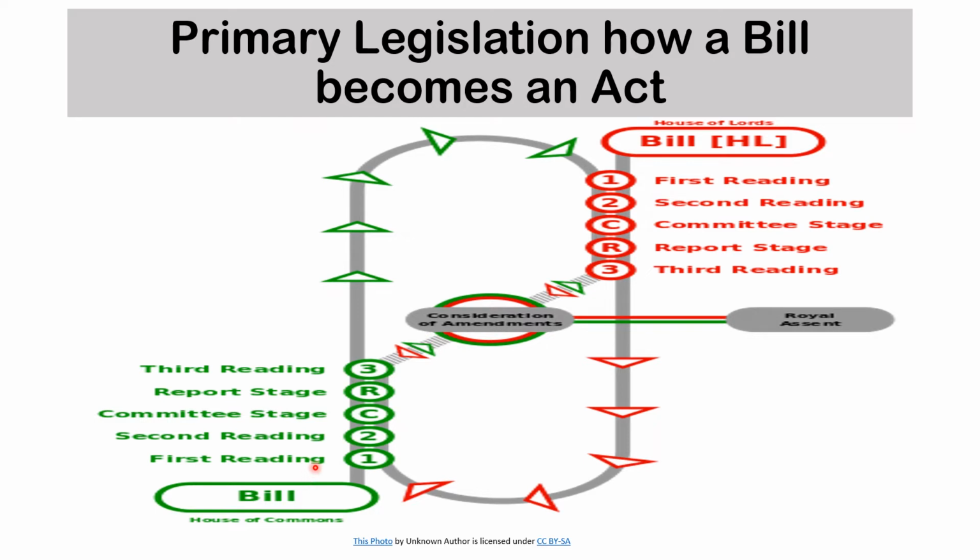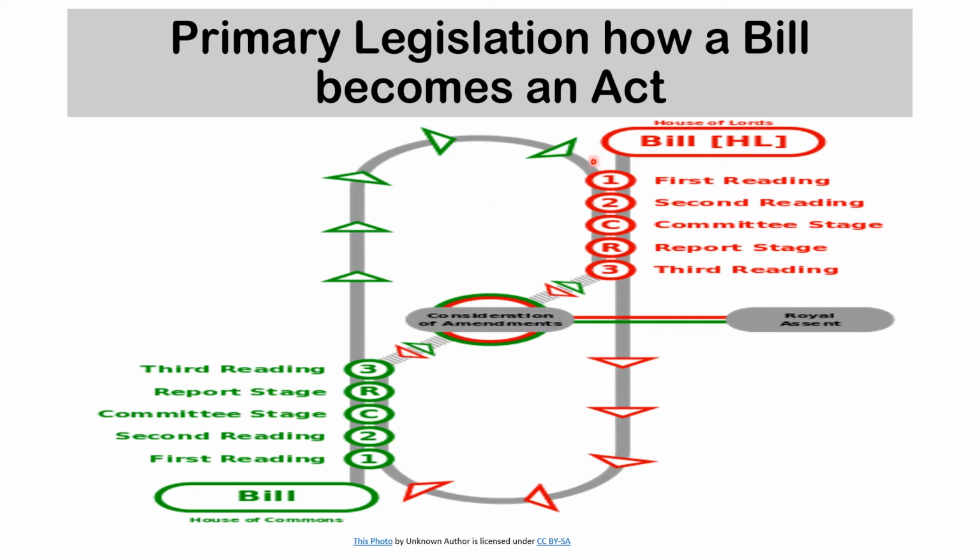Now, all bills start off with a first reading, and then if it gets through that, there's a second reading, and then there's a committee stage which closely scrutinises the act and makes advice on amendments, etc. Then there's the report stage, and then it's the third reading.